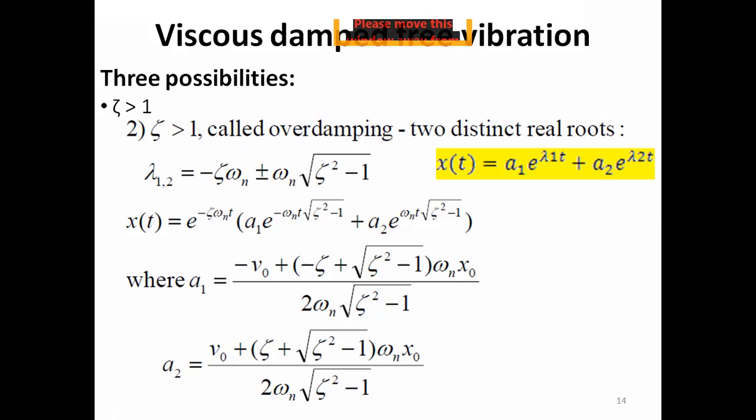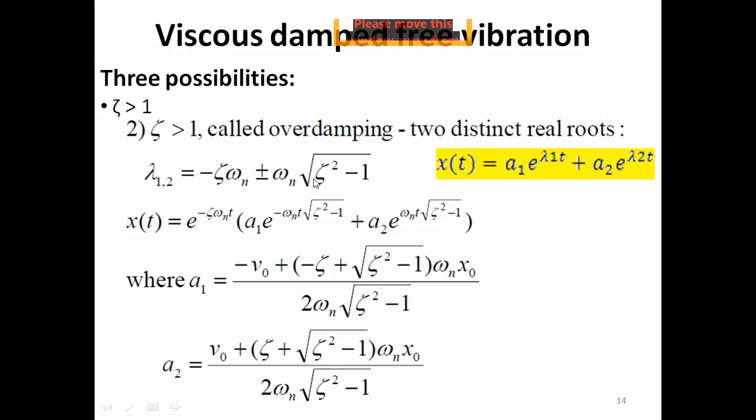In that case, since zeta is greater than 1, the discriminant would be positive. Zeta squared would be a positive quantity greater than 1, so the discriminant would be a positive quantity.